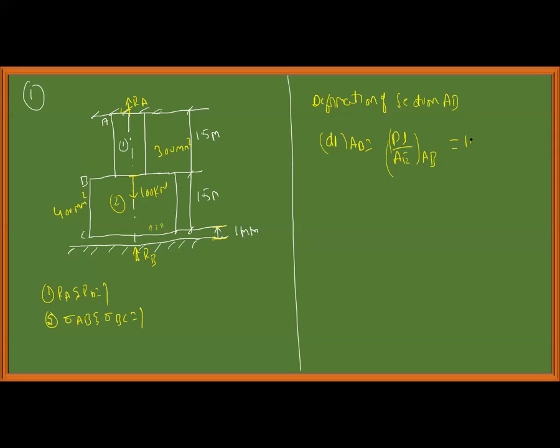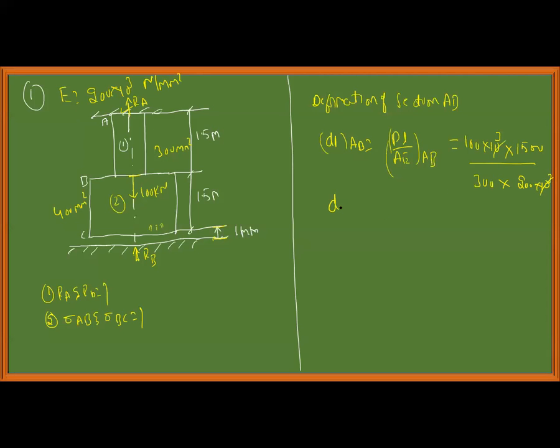So I will assume this 100 kilonewton acting on AB: 100 into 10 power 3 into length 1500, divided by area of cross section, 300, into Young's modulus, which he has given as 200 GPa, that is 200 into 10 power 3 MPa, or if you are not convinced, Newton per mm square, 200 into 10 power 3. Cancel this 10 power 3.